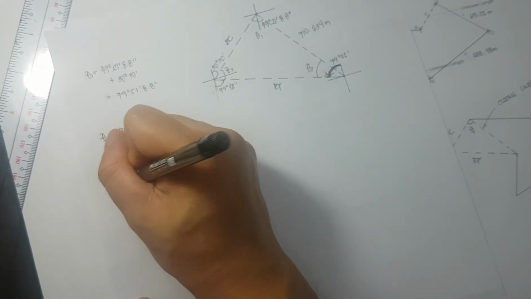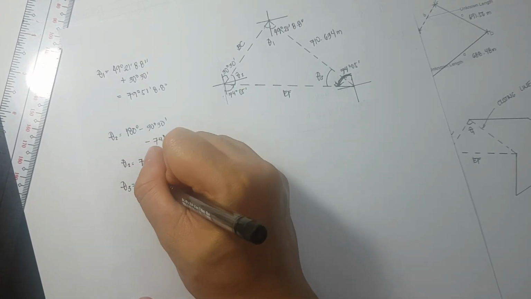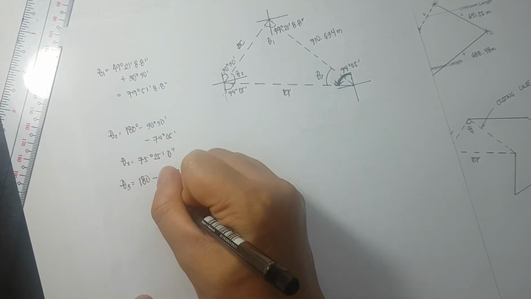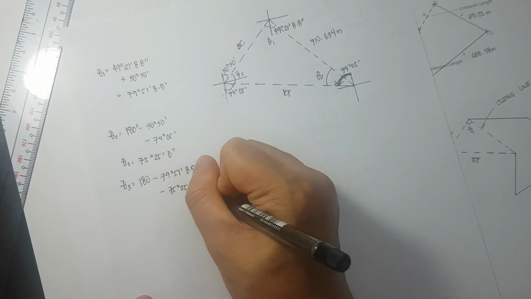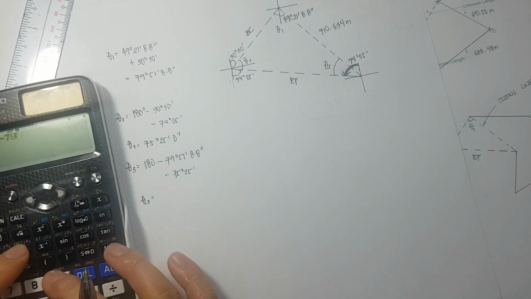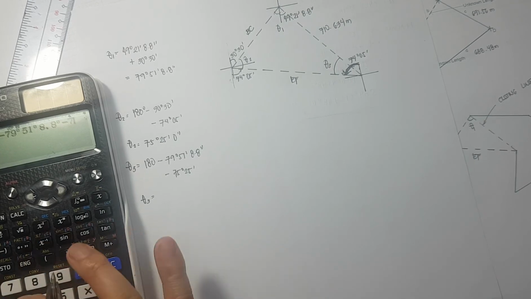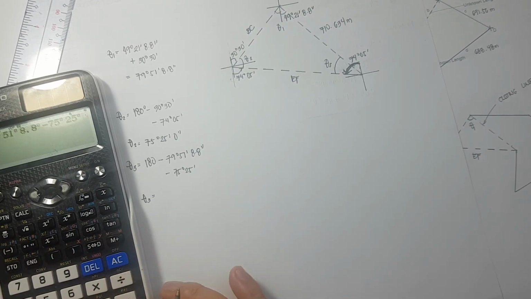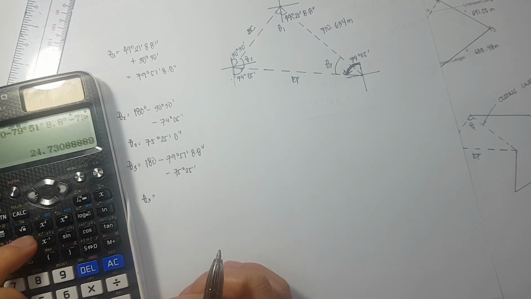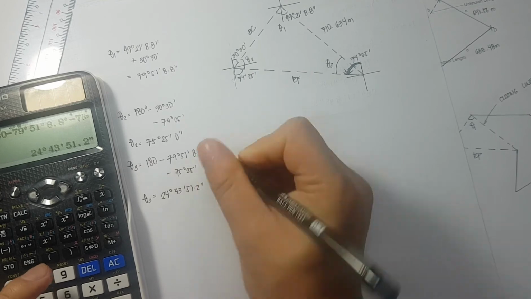Let's complete it. Theta 3 is equivalent to the summation of interior angles of a triangle, 180 degrees, minus 79 degrees 51 minutes 8.8 seconds, minus 75 degrees 25 minutes. Theta 3 therefore is equivalent to 24 degrees, 43 minutes, and 51.2 seconds.